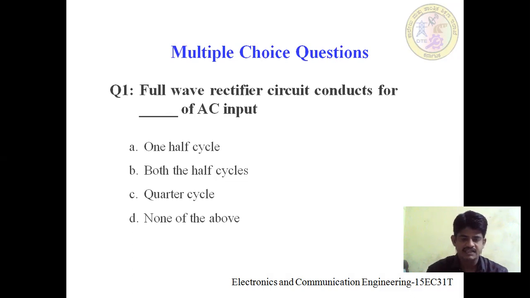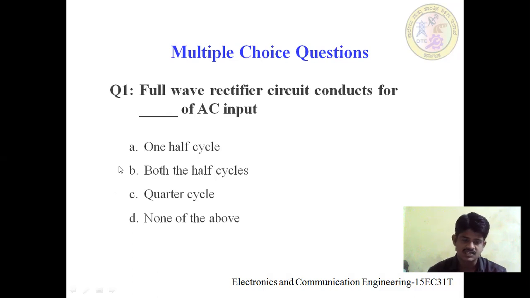It's very easy to understand. If you have understood the concept of the full wave rectifier, you can easily identify it. Is it the first one, one half? No, the name itself has full wave, so it will not operate for only one half. So this is not the correct answer. Next one says both the half cycles. Is it correct? Yes, we understood the operation of the full wave rectifier; it was operating for both the half cycles.